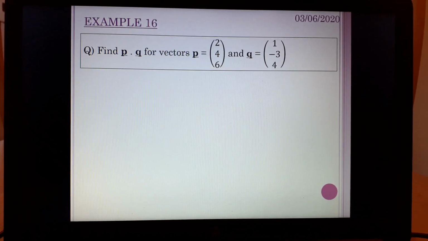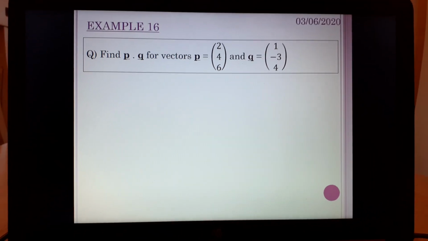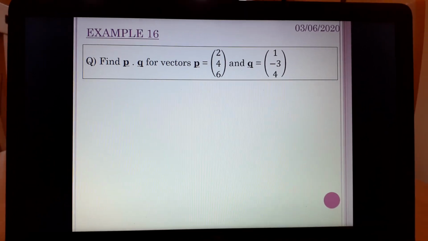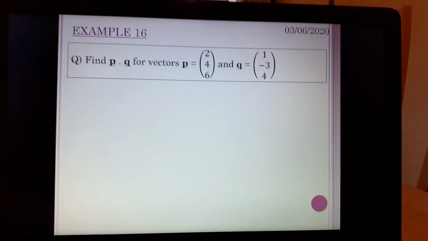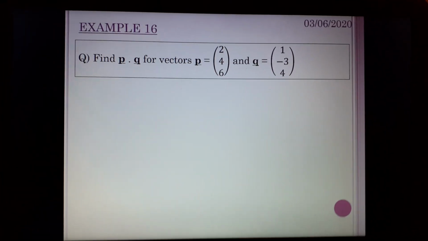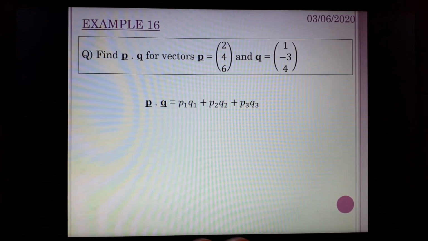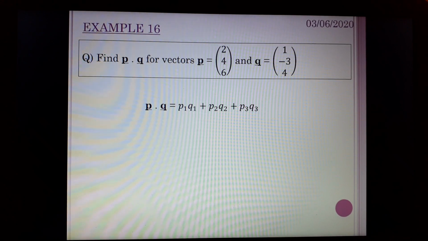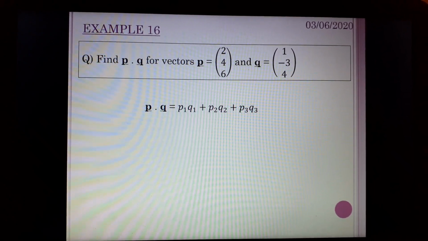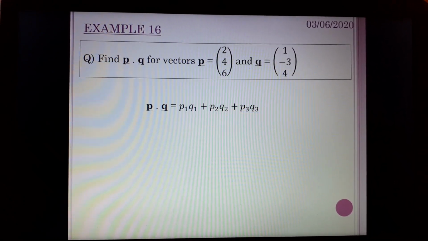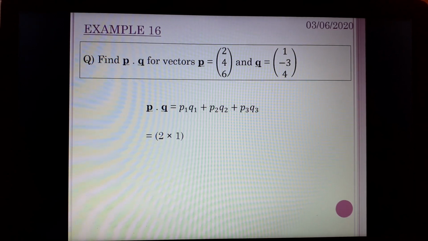Okay, very simple example to finish. So if I give you vector P and Q here, find P dot Q, find the scalar product for P and Q. So we know this is given in the formula. You don't have to write it out like that. You can go straight to the numbers if you wish, but that's given like that.